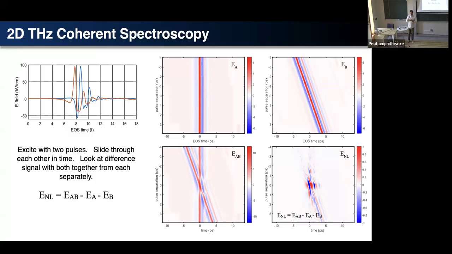How strong the pulses can be very much depends on what material you're probing. Superconductors are very delicate for intense terahertz pulses. I'm not showing much of that data here, but we've done experiments looking for collective modes in superconductors, the amplitude mode, which maps to the Higgs mode of the fundamental vacuum.